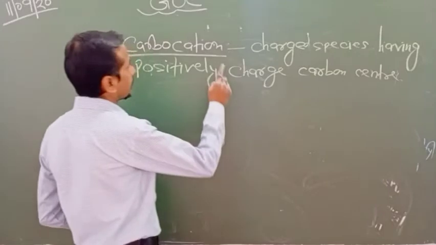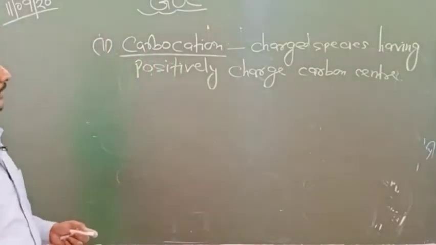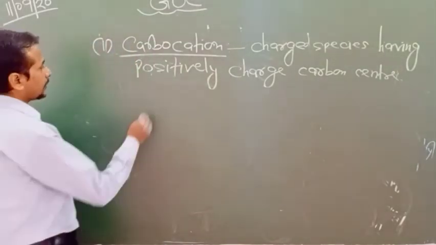That is again, a charged species having a positively charged carbon center is known as carbocation.